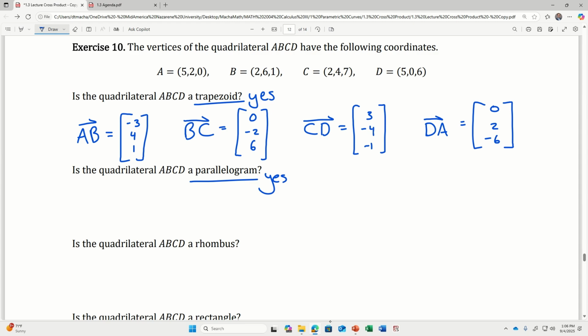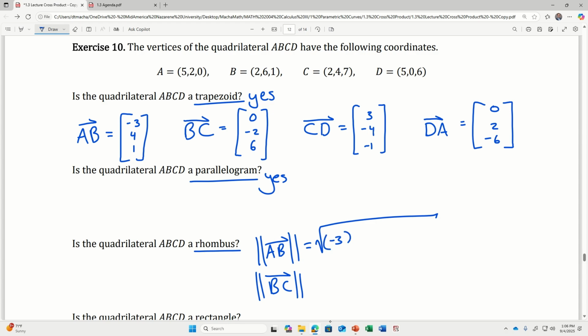Is it a rhombus? Do you know what's special about a rhombus? Yes. A rhombus is just a parallelogram where all the sides have equal length. So to test this, I might want to take the norm of AB and the norm of BC and see if they happen to be the same. And the norm of AB is going to be the square root of negative 3 squared plus 4 squared plus 1 squared.